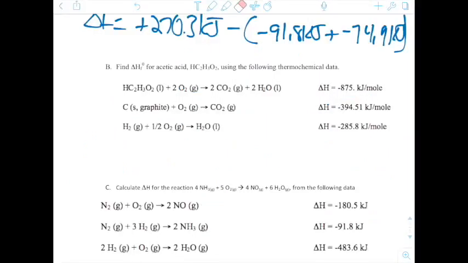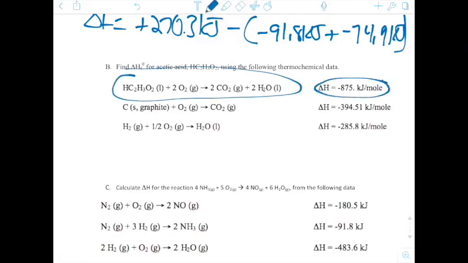So it says find the delta H, or heat of formation, for acetic acid using the following thermochemical data. And so our entire equation that we have here has a delta H value of negative 875 kilojoules per mole.